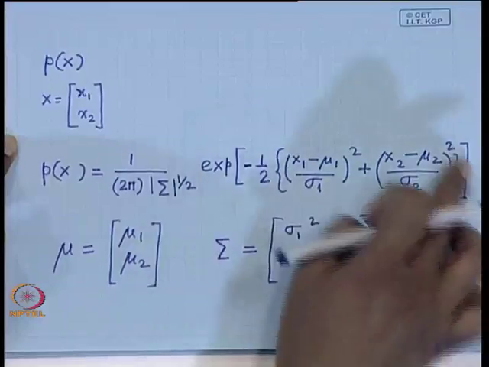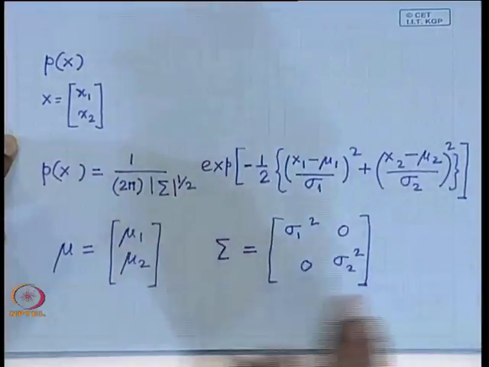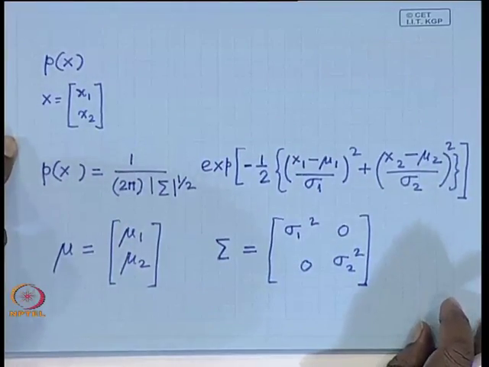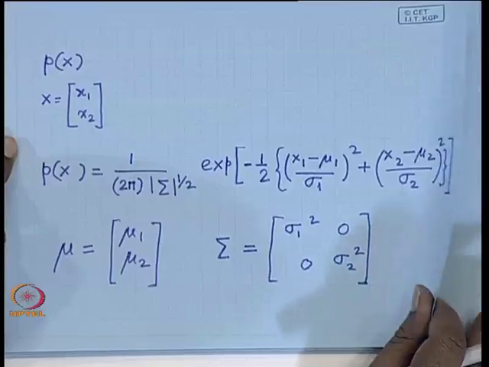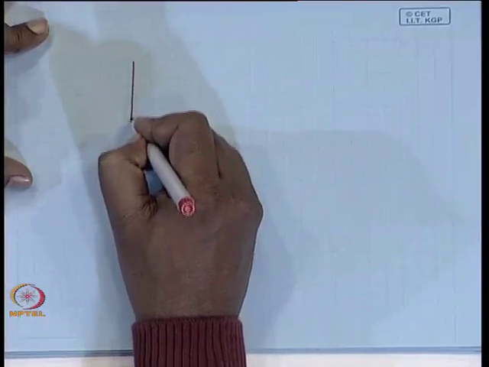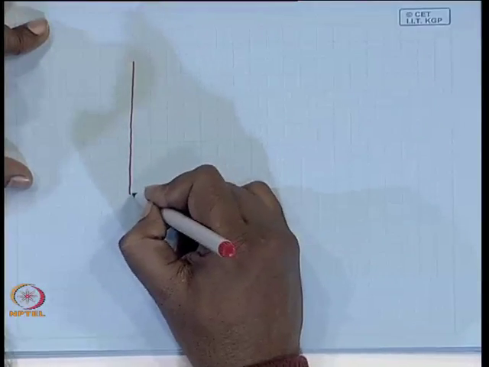So, what is the physical interpretation of this particular bivariate normal density function? Let us draw this 3-dimensional space, because x 1, x 2 are 2 axes of the sample points and the density function p x is the 3rd dimension.